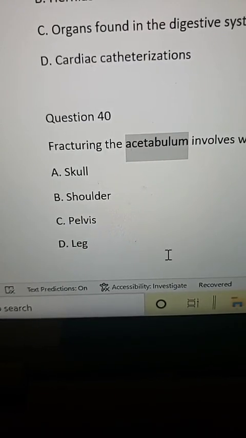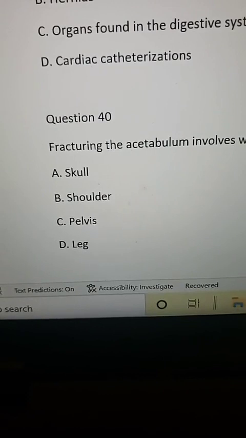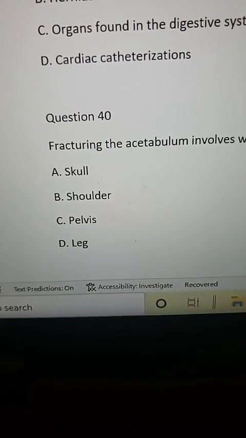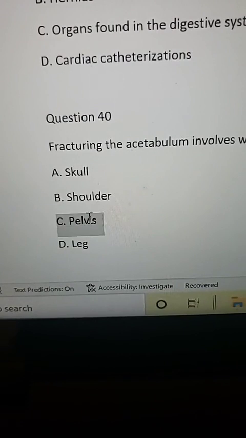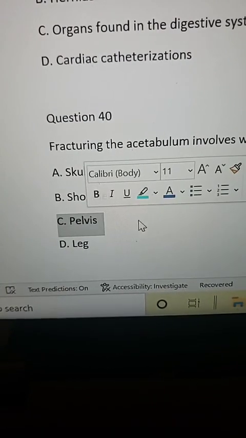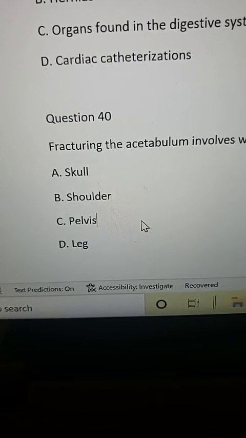Does anybody remember where I left it? I drew it in on. That is part of the pelvis region. When you see ACE, think pelvis. Yeah, G16.